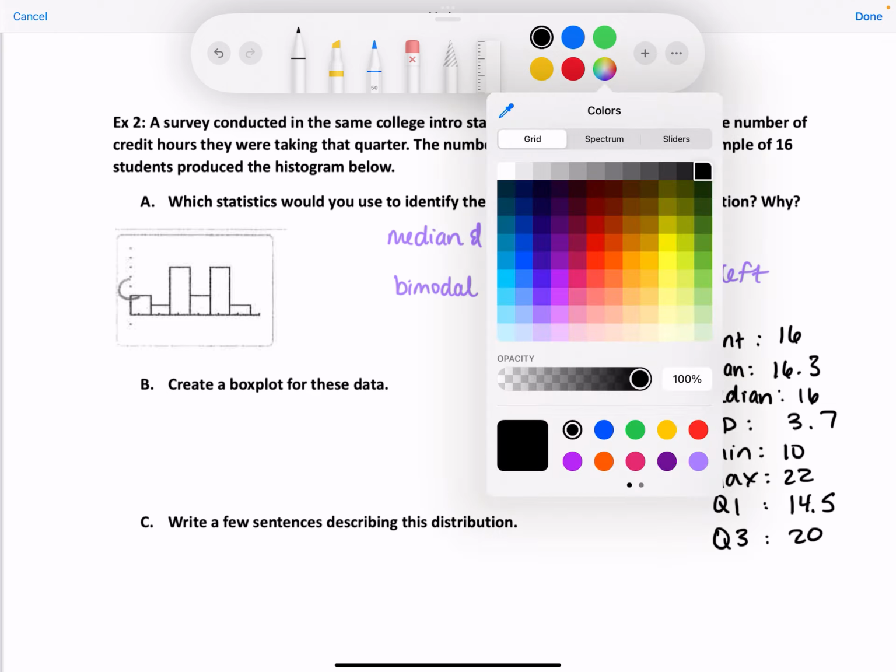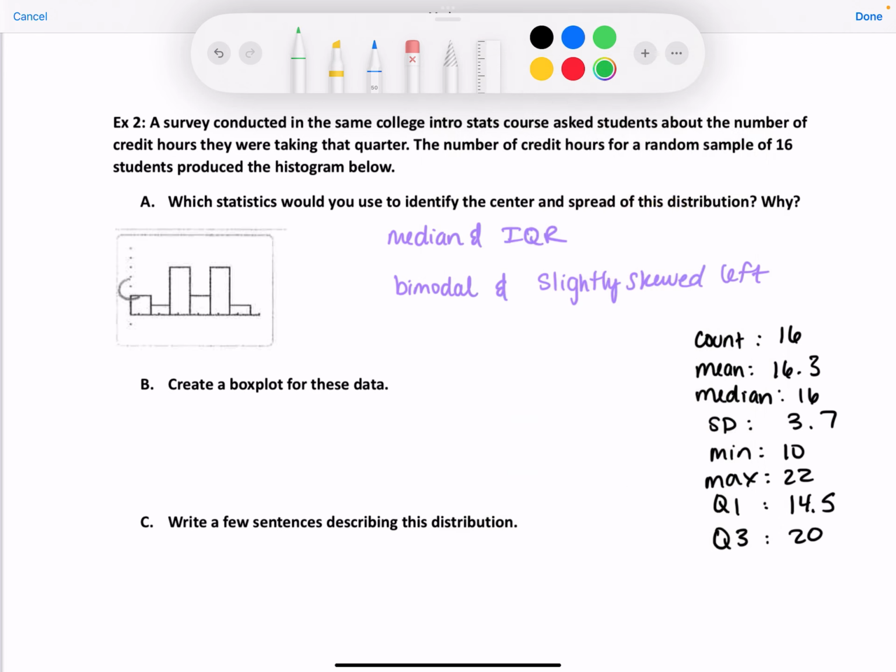Alright, I need to find the IQR. So my IQR is Q3 minus Q1, or 20 minus 14.5, which is 5.5. Not that we need it for this question particularly, but the next part we'll use it.